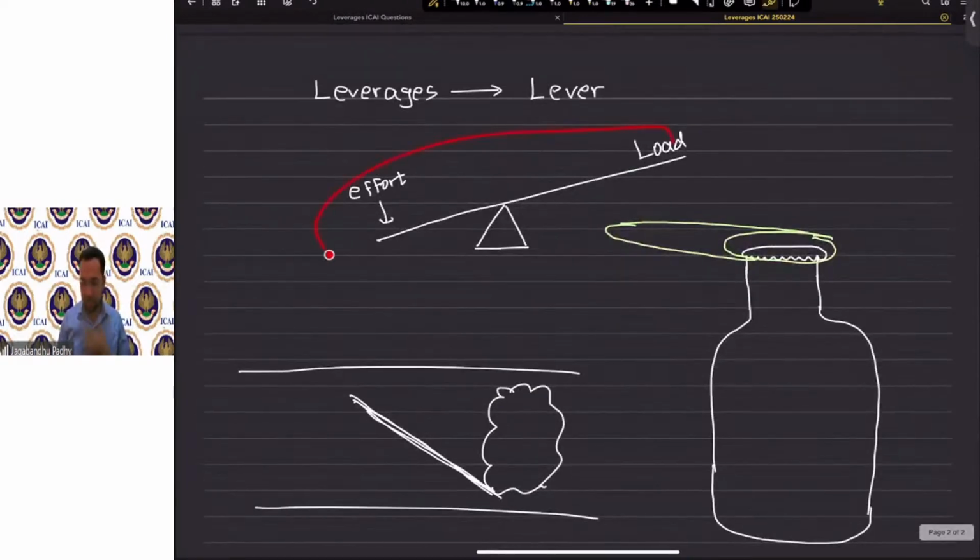Be it a seesaw or a rod or the bottle opener, what is the task that these apparatus are useful for? They make our difficult tasks easy to perform, and that's what we call a lever.